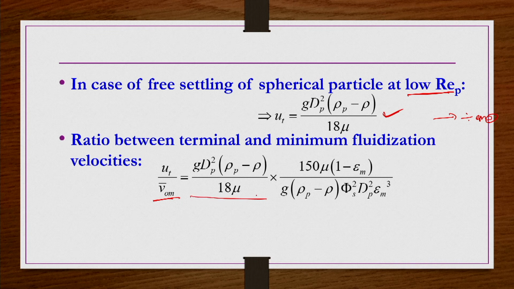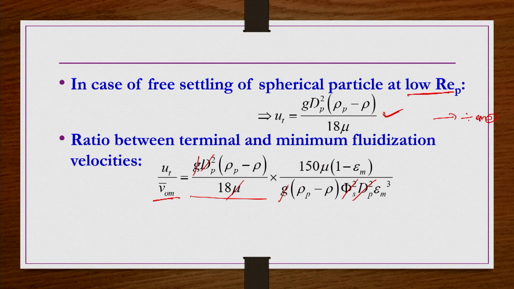So, this is u_t, the free settling velocity of a single particle, divided by V_om bar, which is nothing but g delta rho phi_s squared d_p squared epsilon cubed by 150 mu times (1 minus epsilon), right. So, 1 minus epsilon_m actually, right. Now here g you can cancel out, d_p squared you can cancel out, and let us say we are taking spherical particles, so let us not worry about the shape factor.